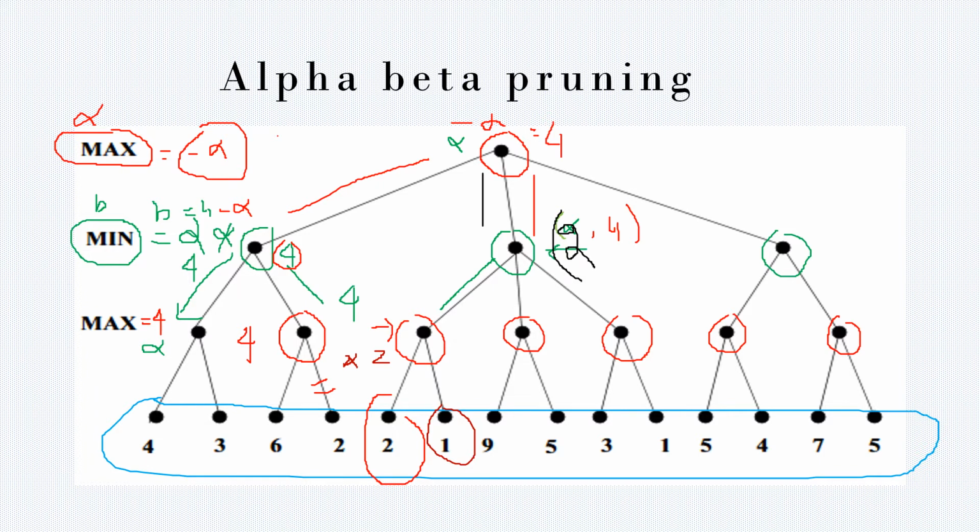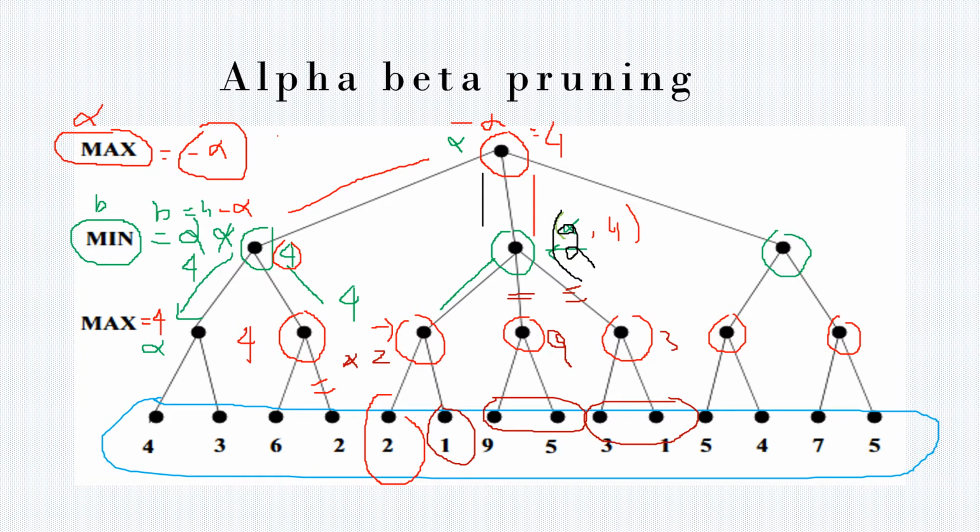Now at this point we prune this branch and also we prune this branch because the value of alpha is greater than the value of beta. For example, if we search these two nodes, this is max and it will get 9, and if we search these two nodes, this level belongs to max, so it will take 3.